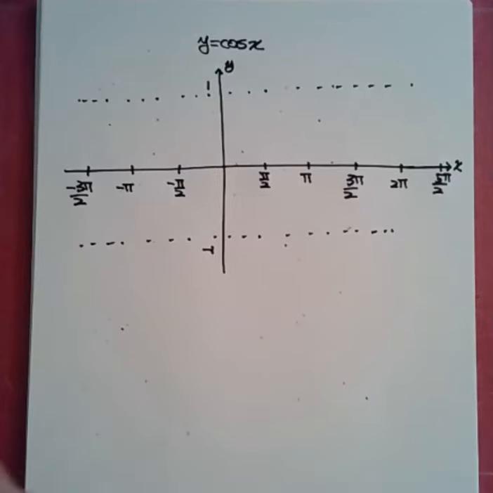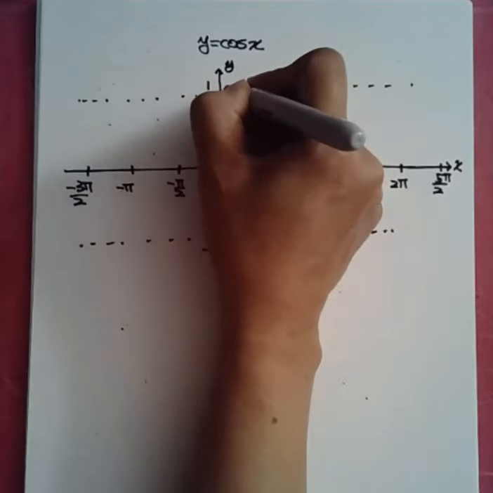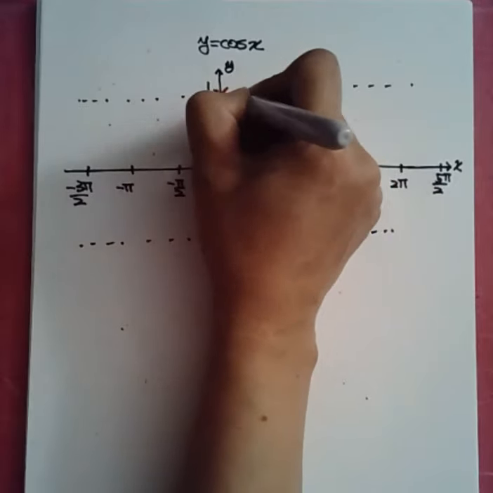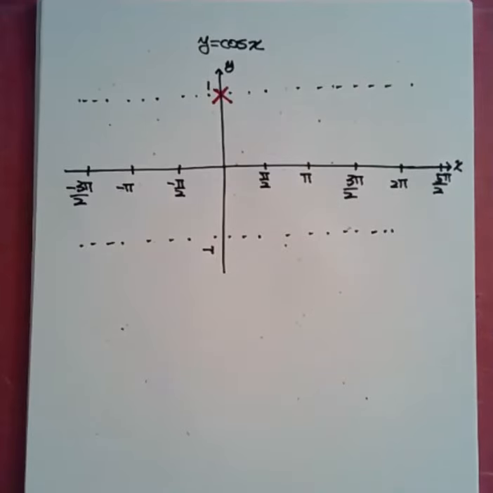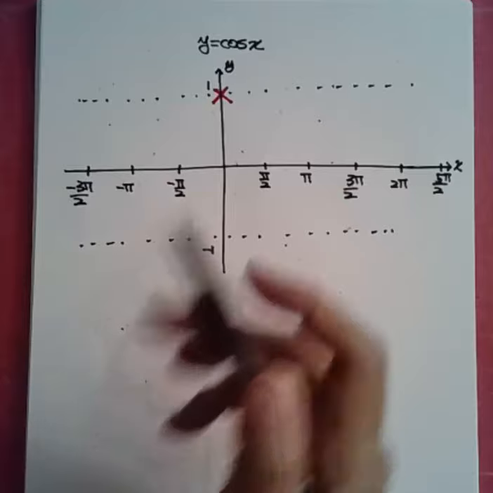What is important to remember is cosine values start at the maximum, while the sine function starts at 0.